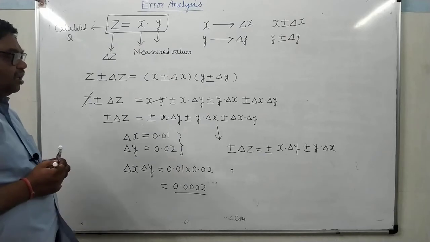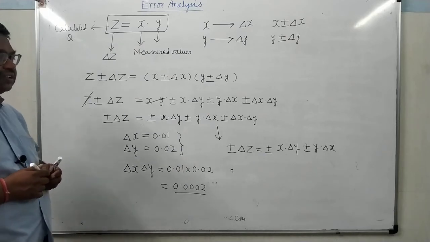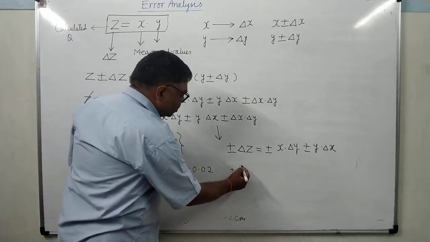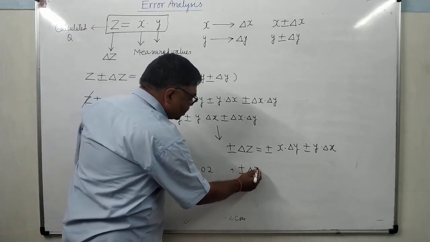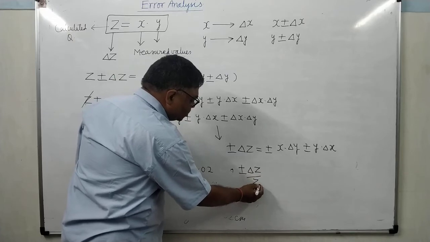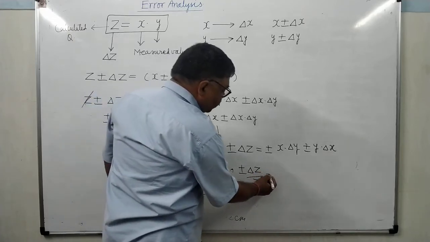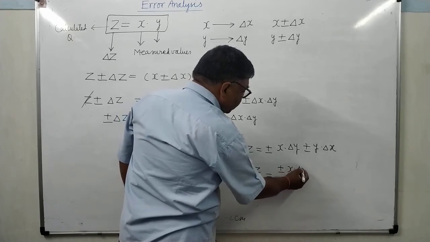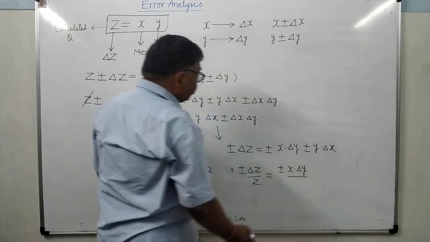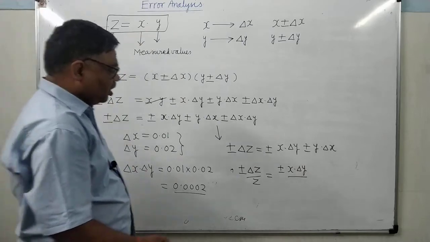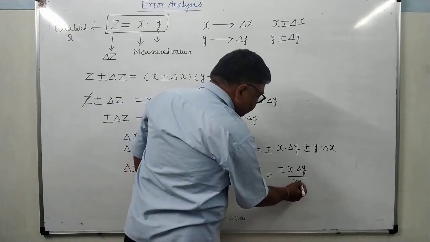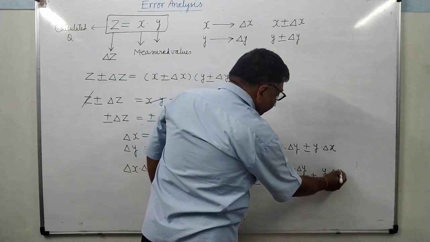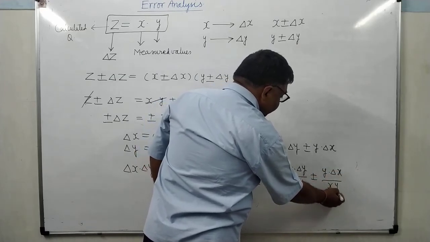It is clear? Now we divide both the sides by Z. So it will be plus minus delta Z upon Z equals plus minus X into delta Y, and Z is equal to XY, plus minus Y into delta X upon XY.